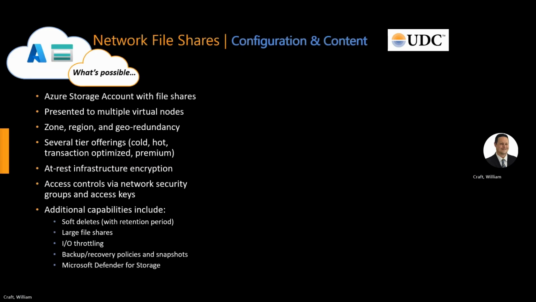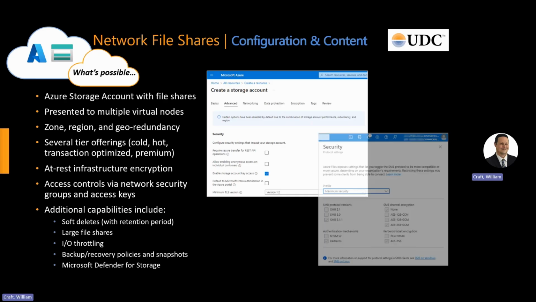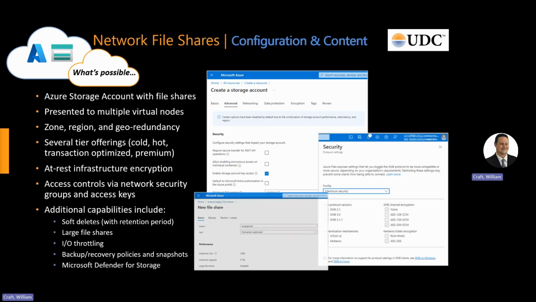The second enterprise system component we dug into is network file shares, specifically around ArcGIS Enterprise configuration and content. For this component, we explored Azure's storage account file share technology.